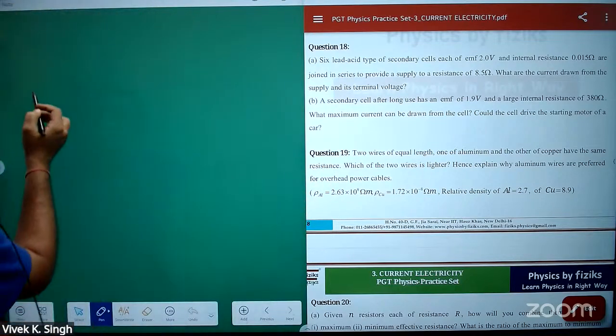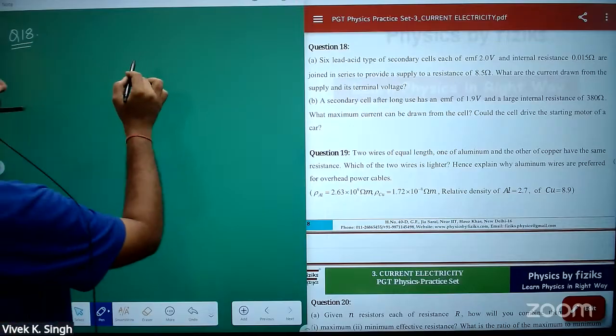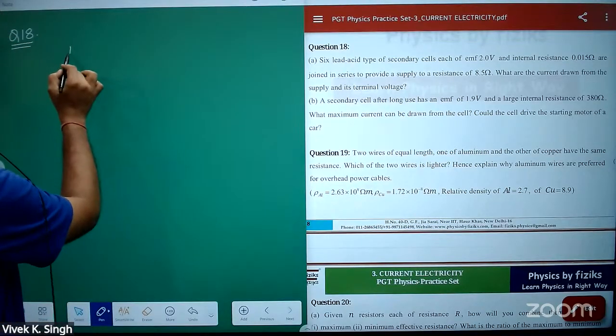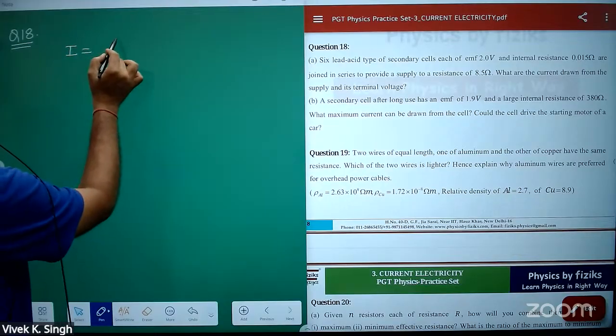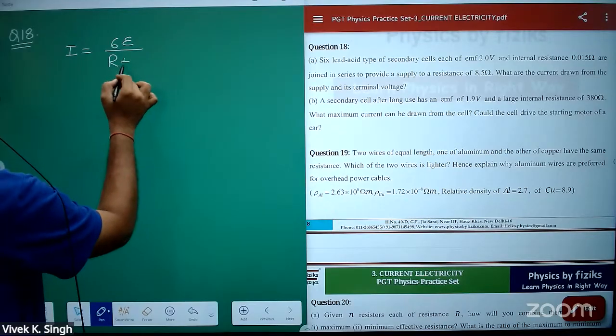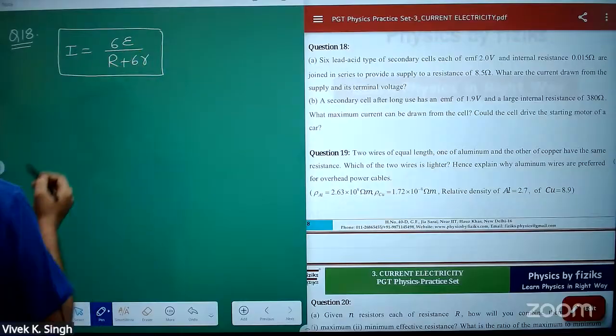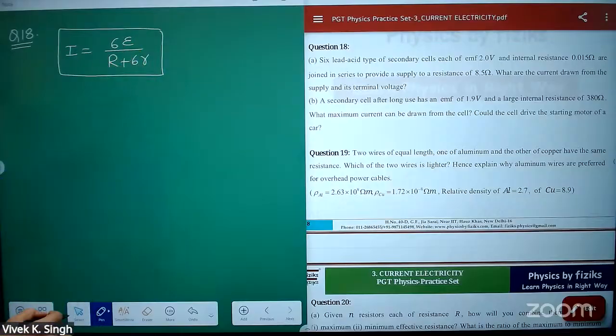So in question number 18, what will be the current drawn here? Current I is given by 6 epsilon by R plus 6r, because they are connected in series.